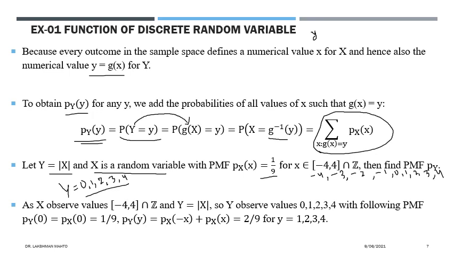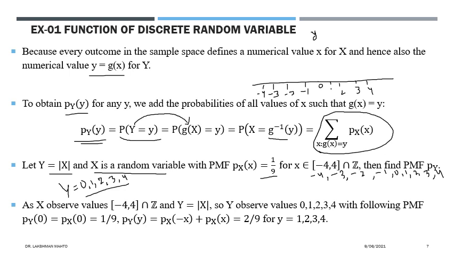So here you observe 0: what are the pre-images of 0? If you see in the plot, suppose this is the x axis, x is taking values 0, 1, 2, 3, 4, -1, -2, -3, -4.